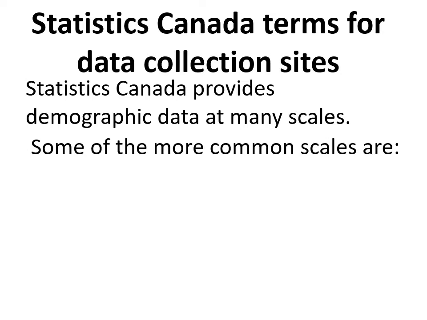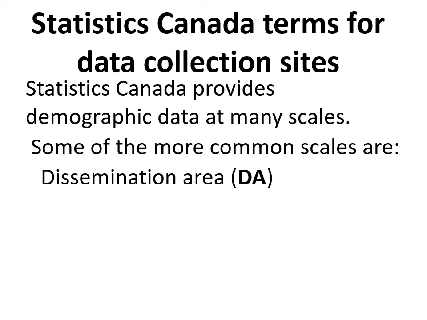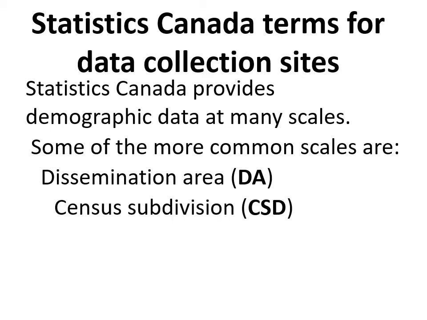So some of the more common scales at which these data are collected and disseminated are something called a dissemination area, and that has up to a few thousand people in it. There's something called a census subdivision, which is bigger, and census subdivisions in Ontario correspond to the boundaries of municipalities.